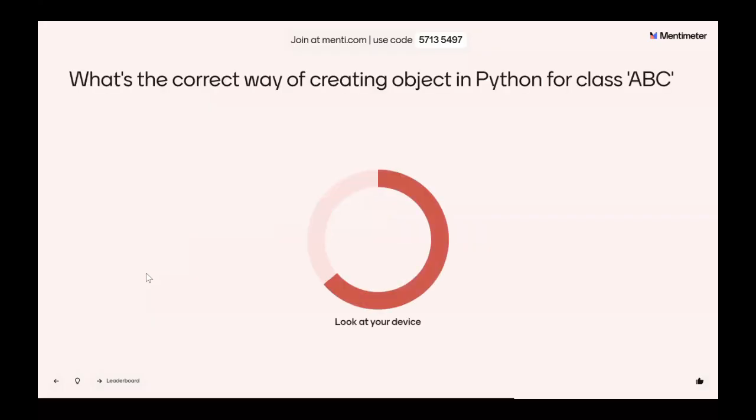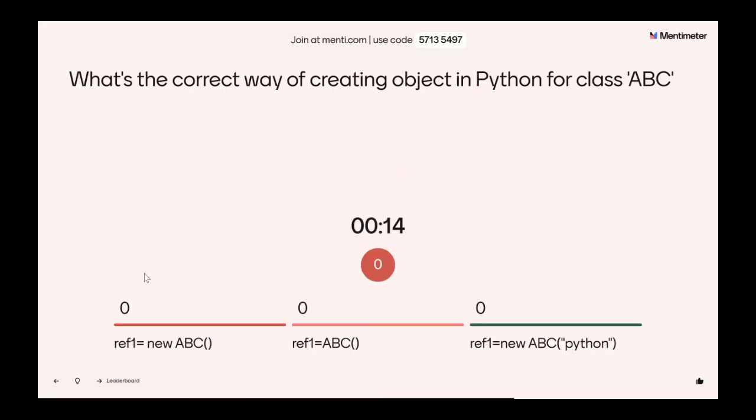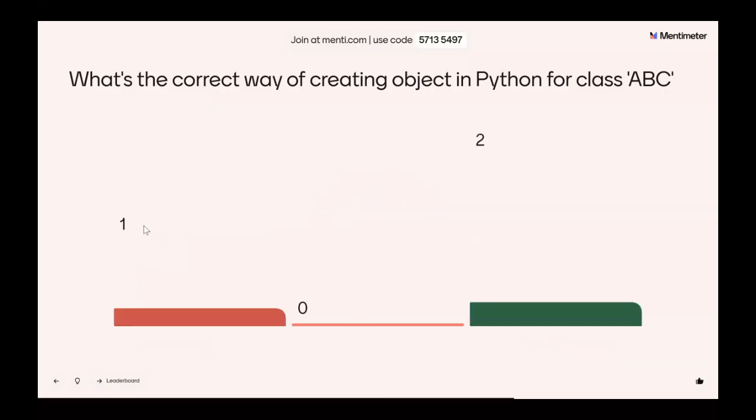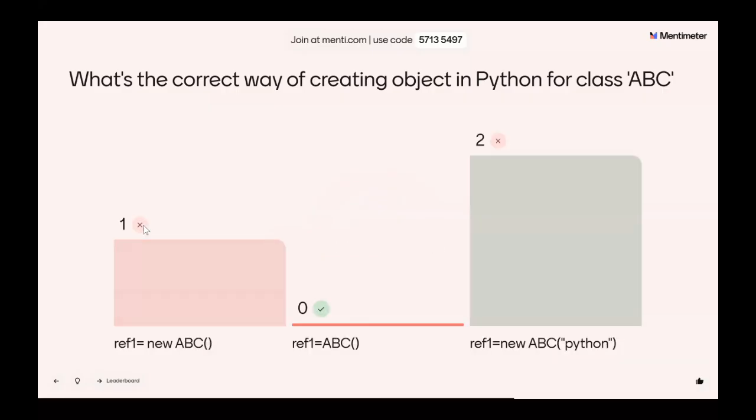What's the correct way of creating object in Python for class ABC? Oh, no one has answered it correctly.